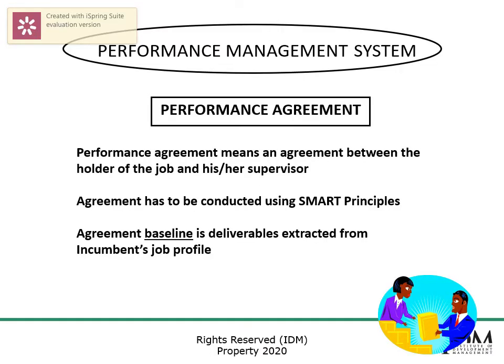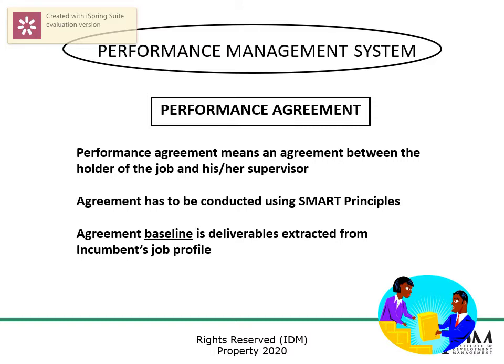A performance management system, a performance agreement, means an agreement between the holder of the job and his or her supervisor. Remember that your initial contract of employment is between you as the employee and HR, but this one is a direct document that makes you deal with your supervisor at a department level. The agreement has to be conducted using SMART principles, SMART objectives.